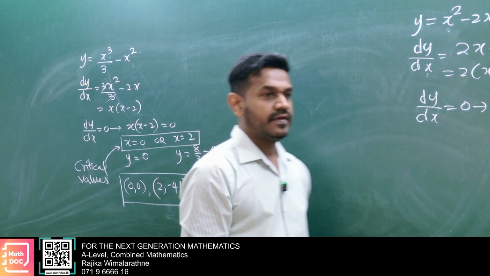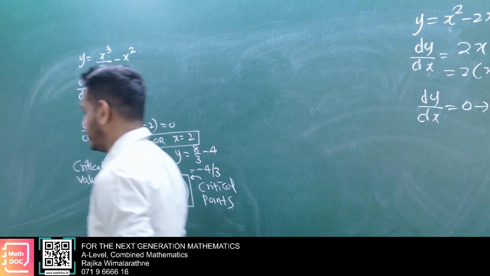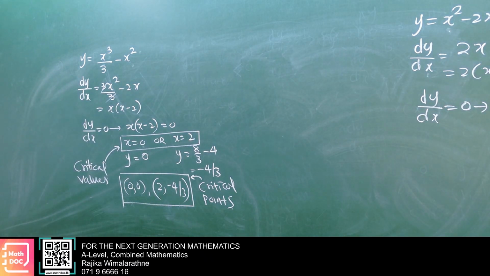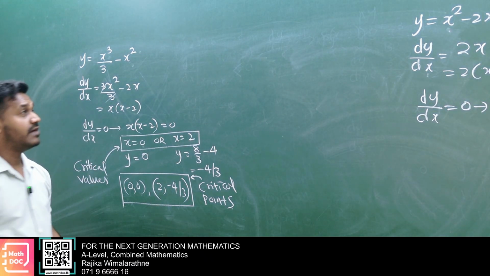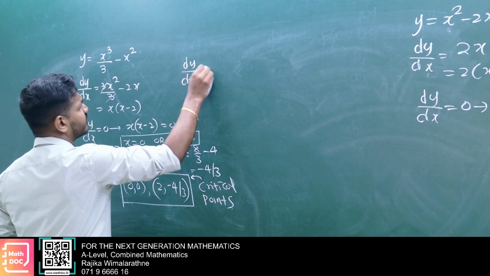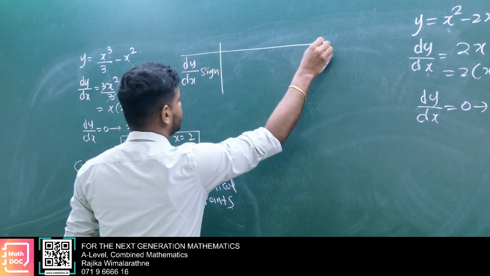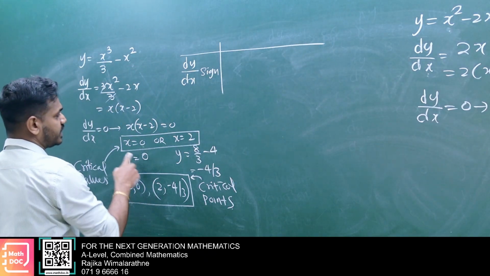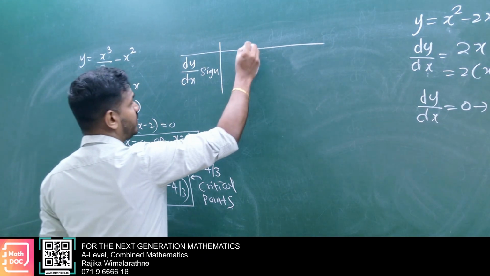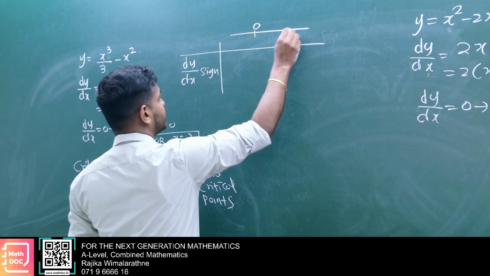Okay, then now to classify them, we have to check the dy over dx sign. So when checking the sign, here we have two critical values. Mark them on a number line. One is 0, the other one is 2.